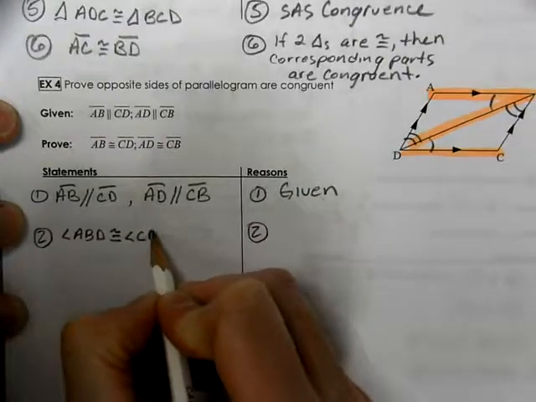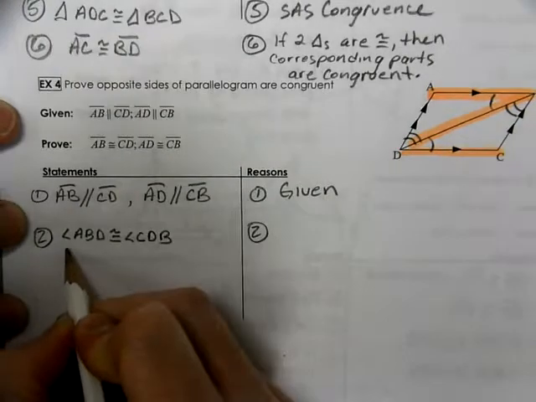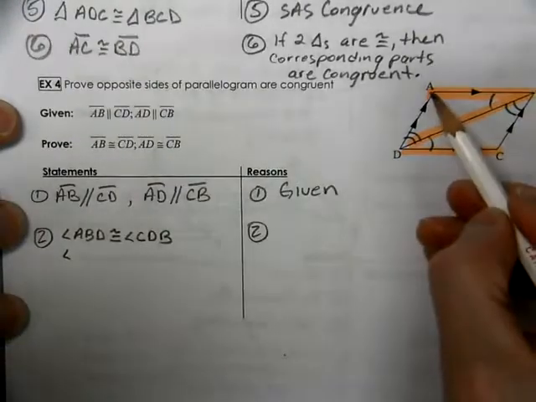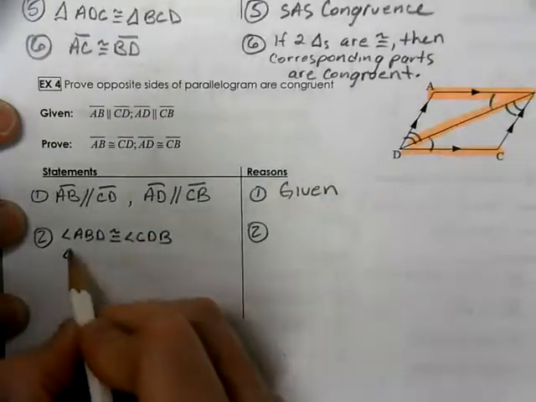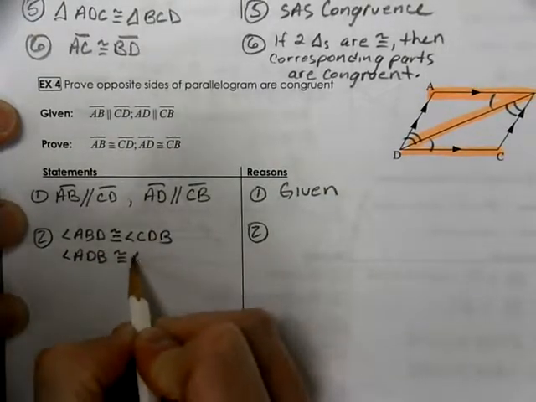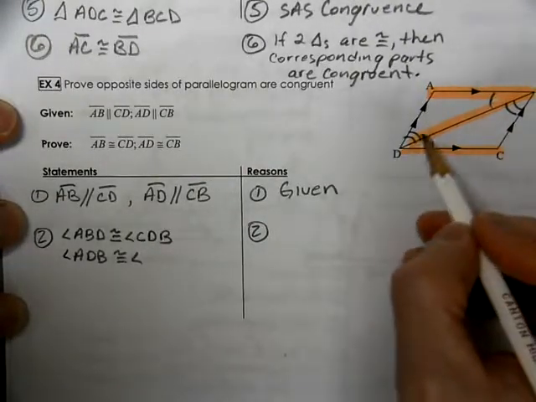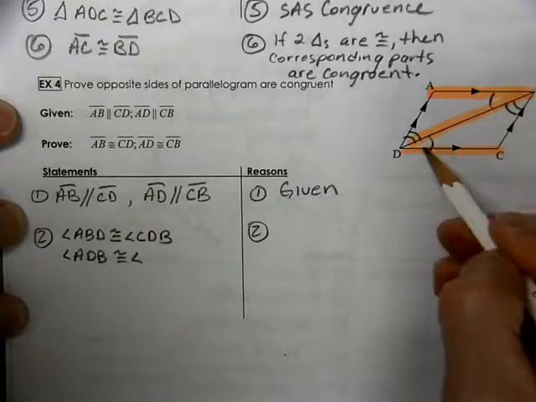Angle CDB. I also know that angle ADB is congruent to, that made the 2-tick line, so CBD.